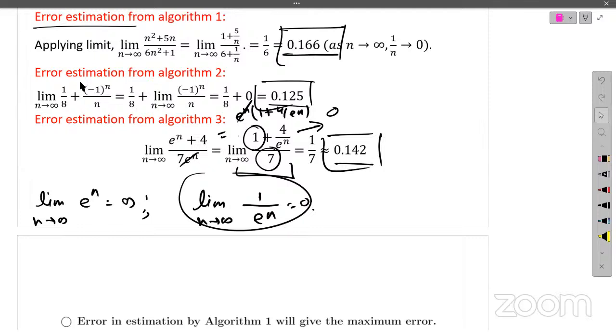In place of f, you will have a quotient given by f of x minus f of a by x minus a. If you compute the limit of this quotient, that limit defines the differentiability. So the limit is the foundation for continuity and differentiability. These two are nothing but special kinds of limits.